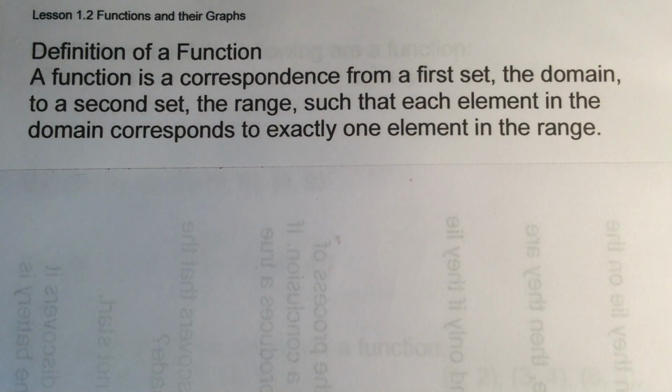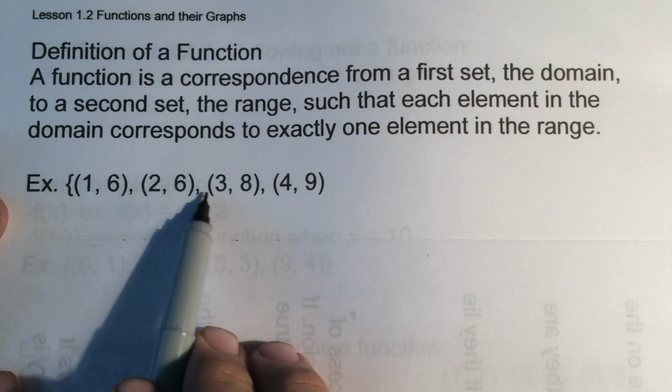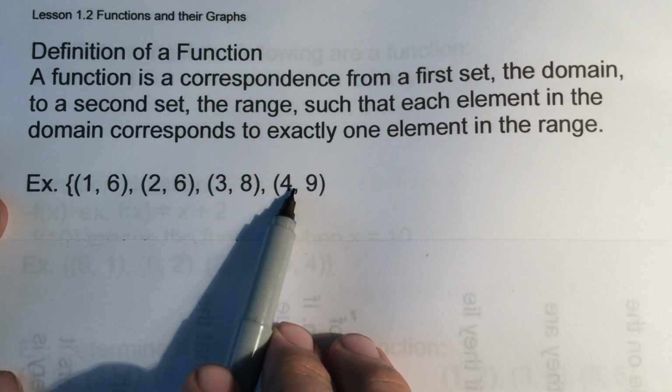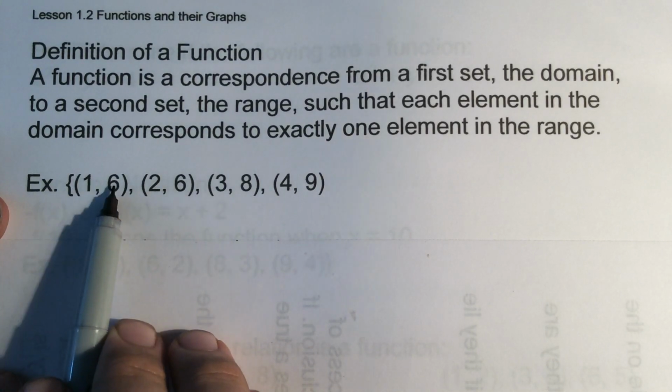So really what it's saying here is we have a set of x's, we have a set of y's, and so we're going to pair every x with one y. So if you think about it, the x's cannot repeat. The y's can, but the x's cannot. So looking at this, 1, 2, 3, 4, the x's don't, even though we have two y's with 6's, each x has its own number.